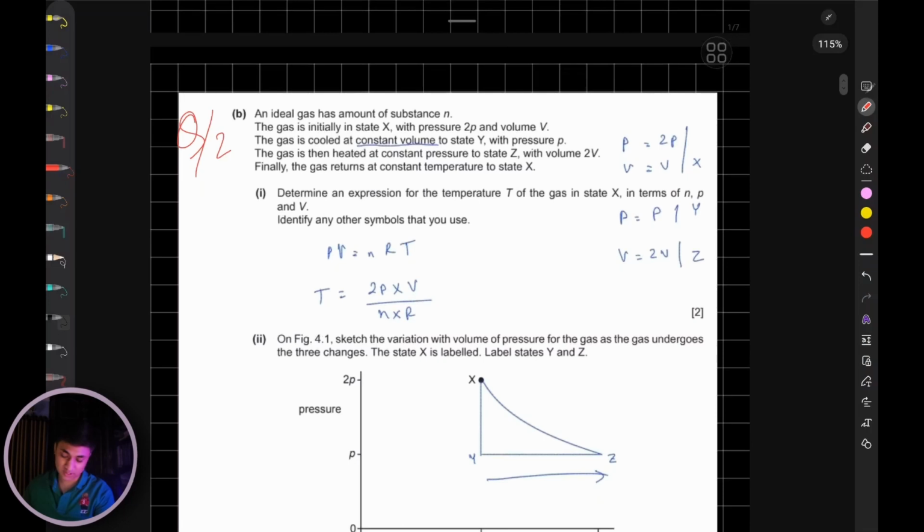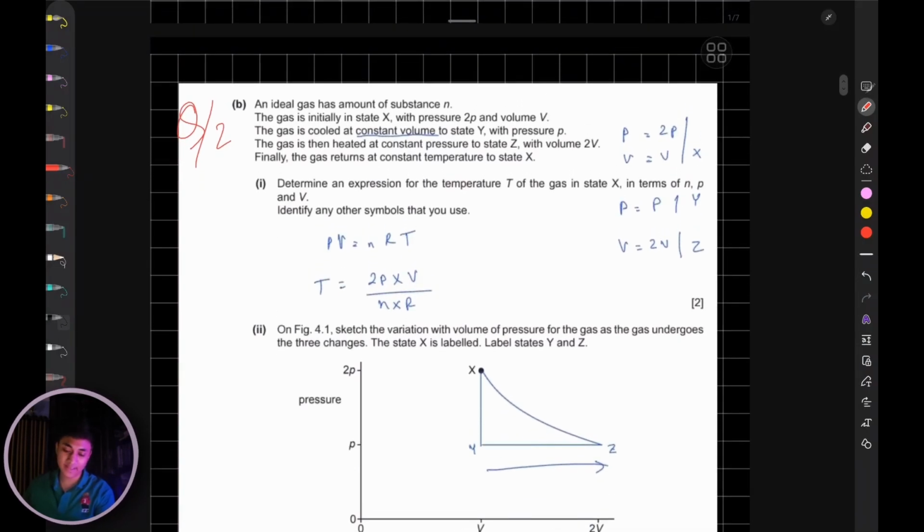This is part B of some question, and it's saying an ideal gas has amount of substance n mole, and the gas is initially in state X. In state X, it has pressure 2P and volume V. The gas is then cooled at constant volume to state Y with pressure P. The gas is then heated at constant pressure to state Z with volume 2V. Finally, the gas returns at constant temperature to state X.